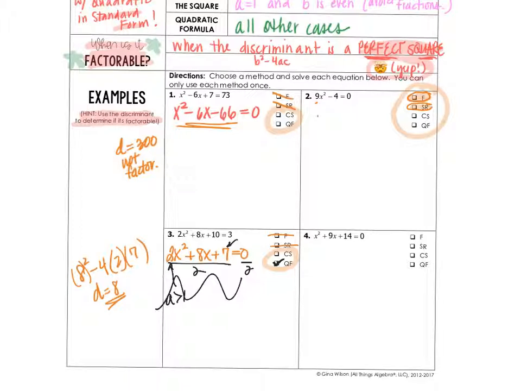And for number 4, you've got 2 and 7, and that does make 9. So factoring is the fastest and best way to go. You definitely can't use square roots. If you wanted to complete the square or use the quadratic formula, you could, but it's kind of a waste of time when you can quickly factor and get answers of -2 and -7.